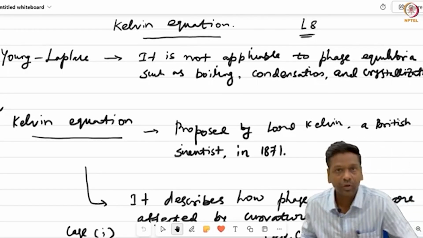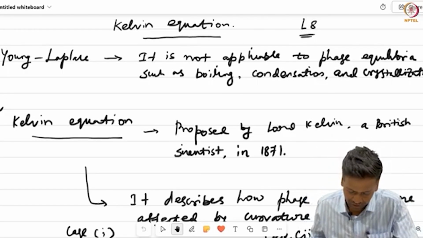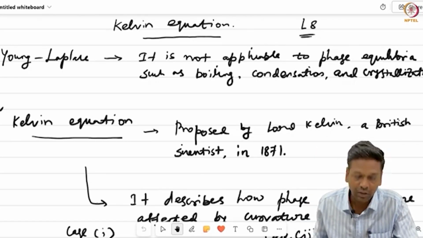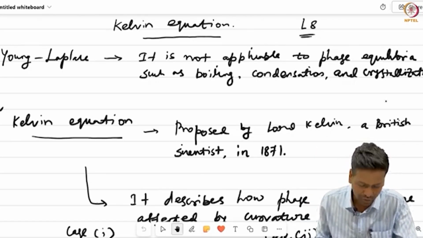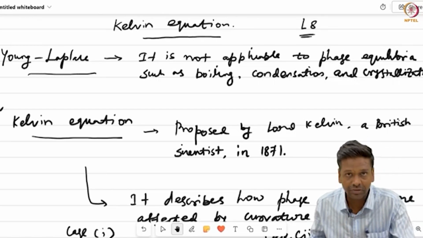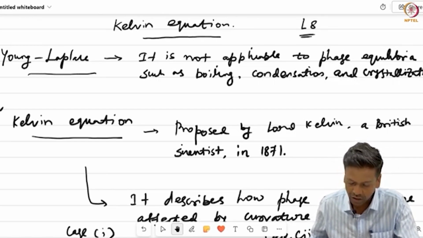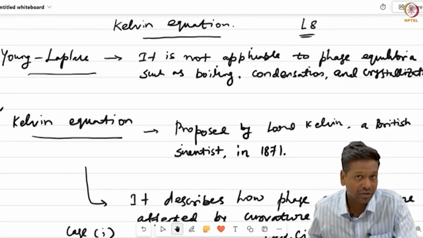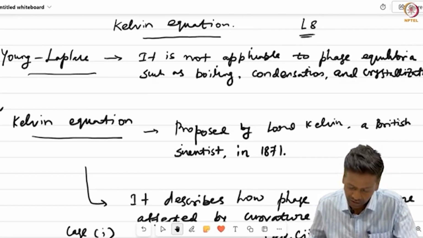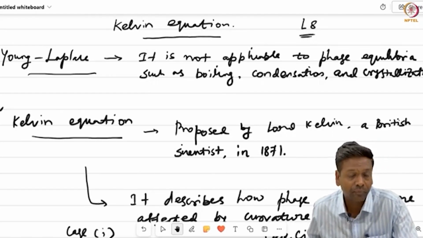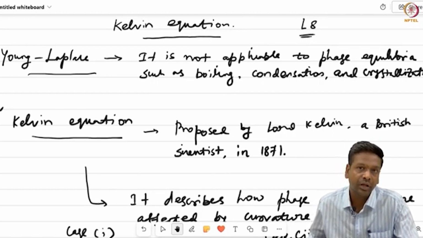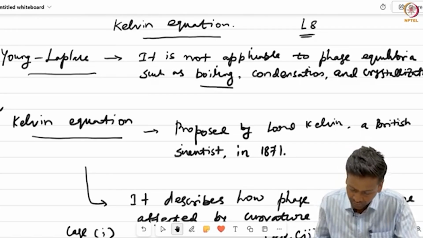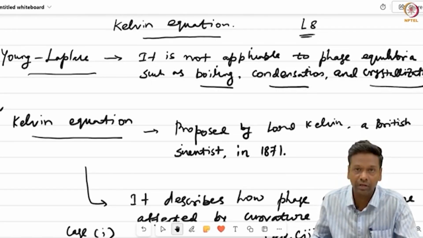So first let's look at the Kelvin equation. We just described that, as such, the Young Laplace equation is not applicable to phase equilibria. You cannot use that equation as such to describe the radius of a given geometry, especially in applications like phase equilibria, like boiling, condensation, and crystallization, right?